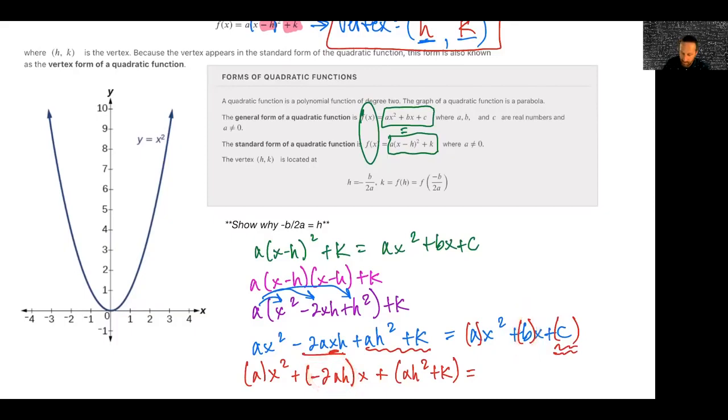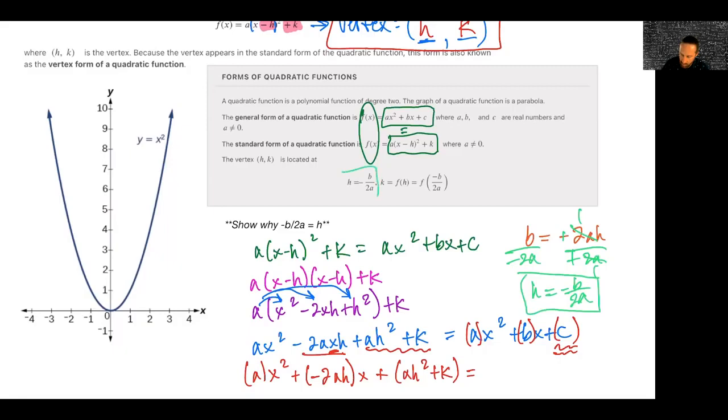If that's the case, we rewrite that over to the side here, and we find out that if b is equal to negative 2ah, then I can solve for h by simply dividing by negative 2a. And that becomes positive 1, or h is equal to negative b over 2a.